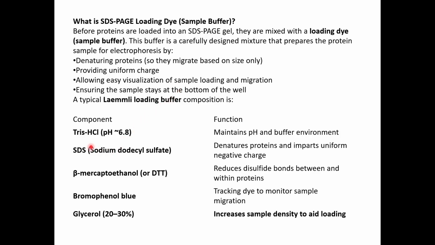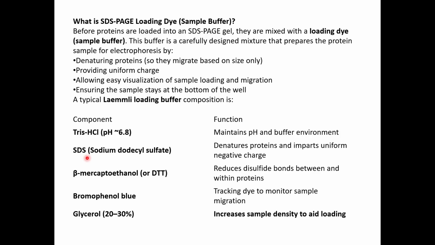Then the main components of loading dye are Tris HCl, which has a pH of about 6.8, and SDS, beta mercaptoethanol, bromophenol blue, and glycerol. Tris HCl is the buffer which helps maintain the pH in the sample and in the buffer environment, and SDS is for denaturing the proteins, and it imparts a uniform negative charge.